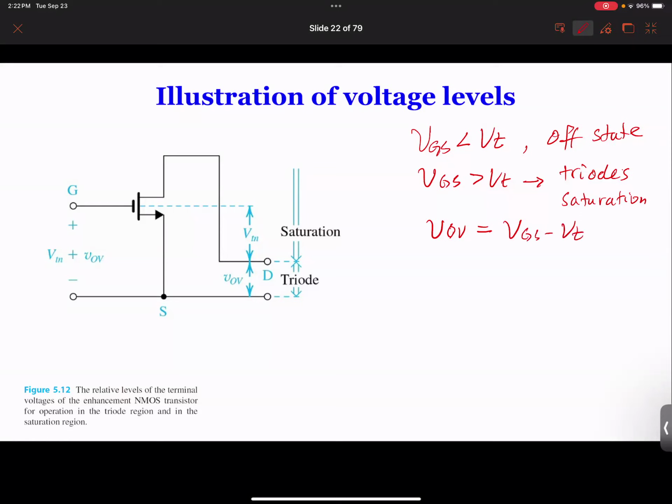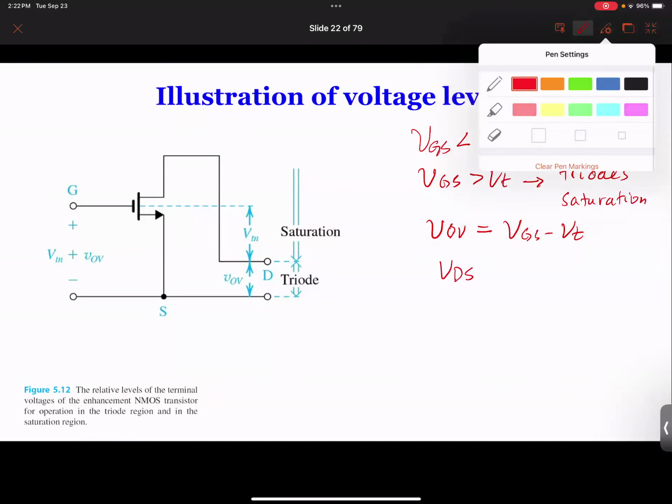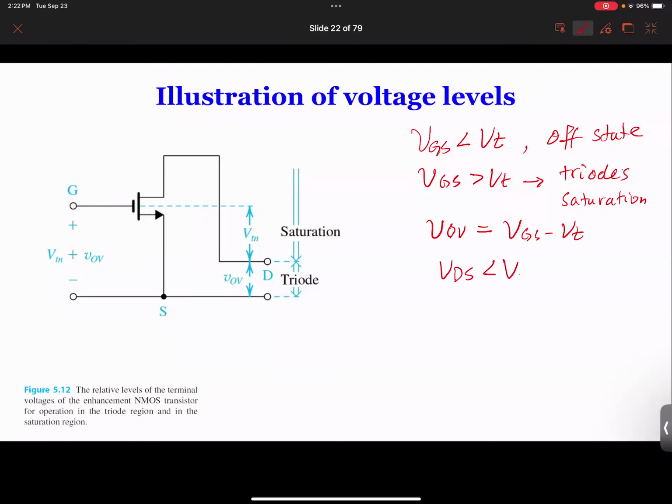And how do you determine whether this MOSFET is in triode or saturation? We look at VDS. So let's start with less. If VDS is less than VOV, it's going to be in the triode region. If VDS is larger than VOV, it's going to be in saturation.